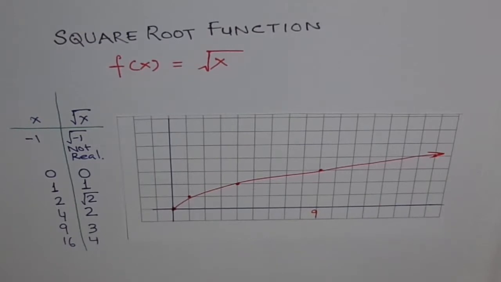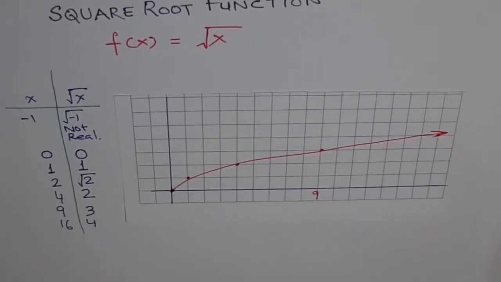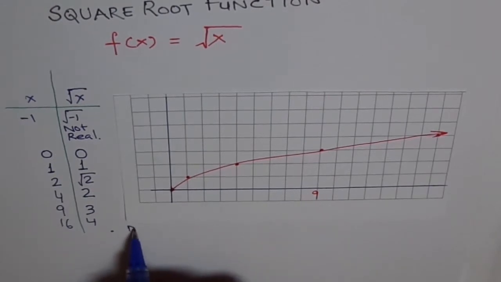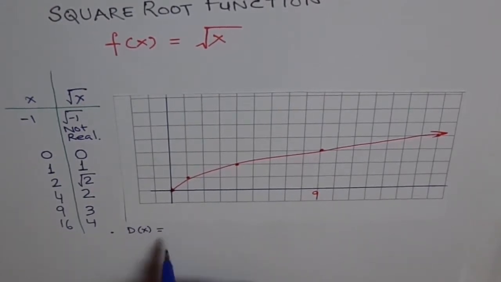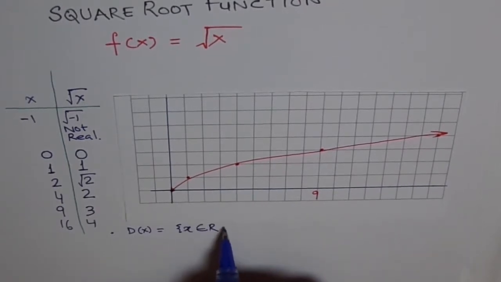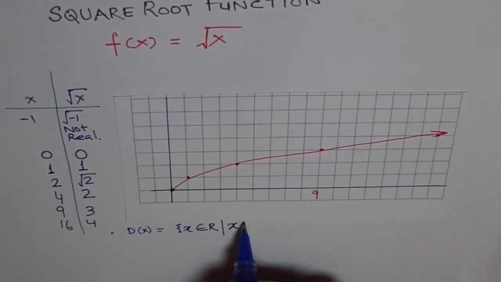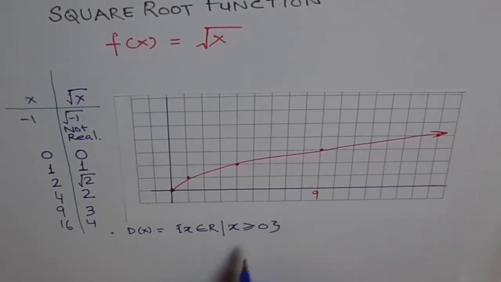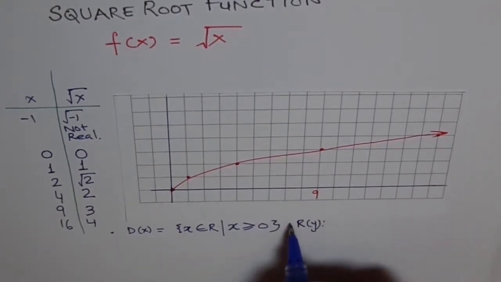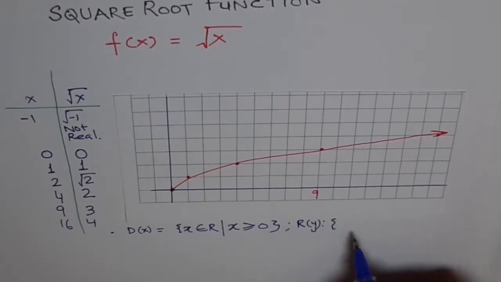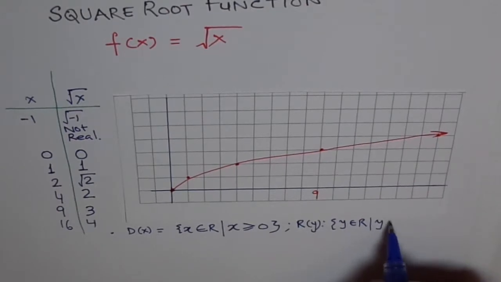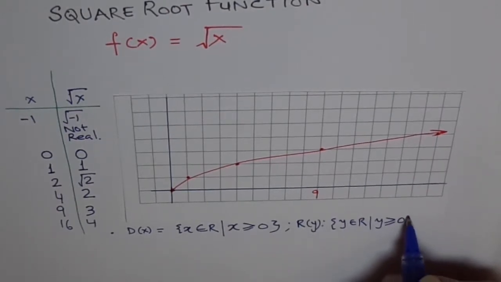Now what do you think? First and foremost, we see the domain. What is domain? Domain is x belongs to real numbers such that x is greater than or equal to 0. Is that right? How about range? Range is also y belongs to real numbers such that y is greater than or equal to 0.